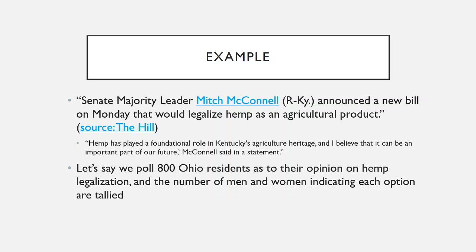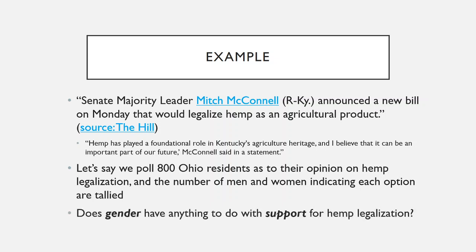To set ourselves up for a two-way chi-square, you would need to ask a number of men and women about their opinion, and have the frequencies reflecting the breakdown of opinion in men versus women. The basic approach will be asking ourselves whether or not gender has anything to do with opinion on hemp legalization, or if those two variables are independent of one another.